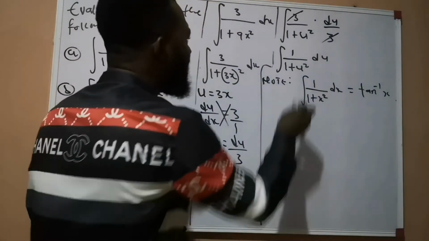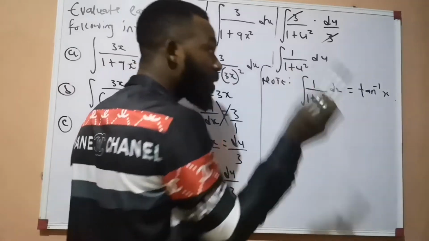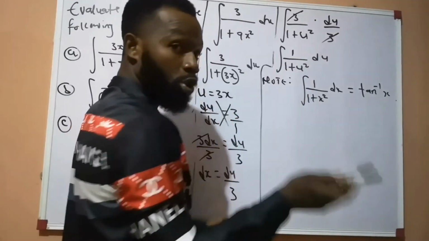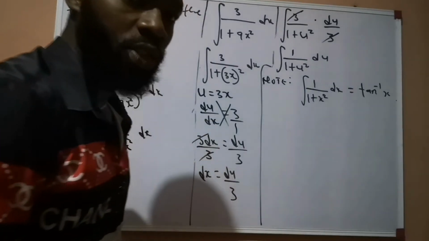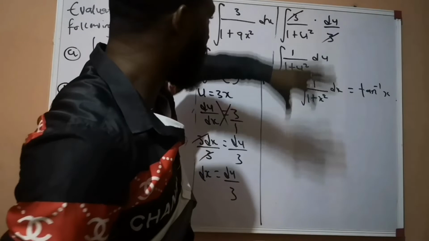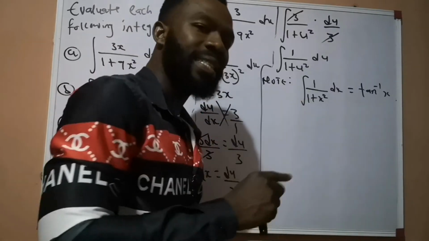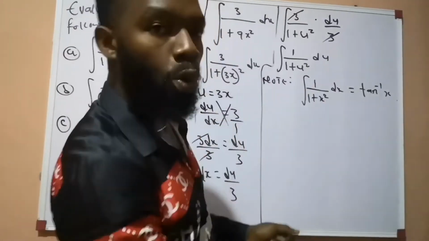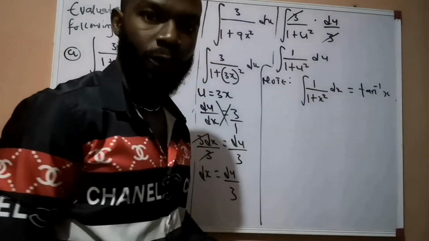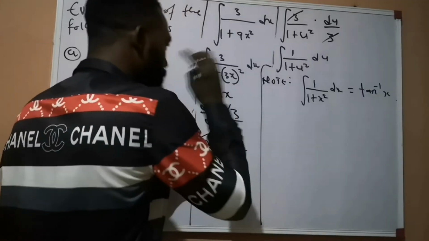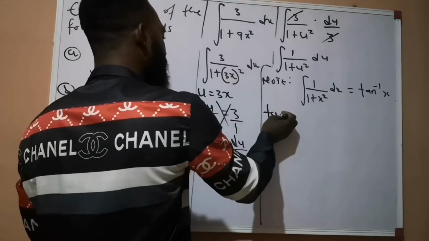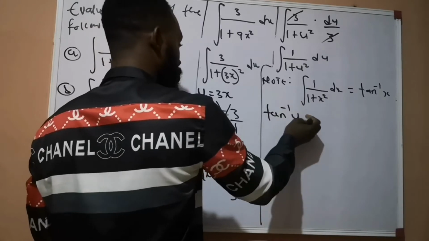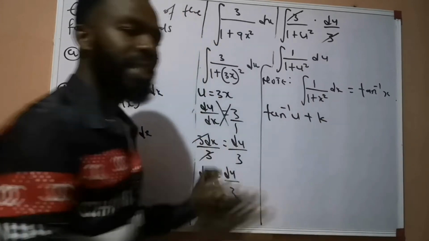It means in this question, what I have now is 1 over 1 plus u squared instead of 1 over 1 plus x squared. So if I integrate 1 over 1 plus u squared, what I will get is inverse of tan u instead of tan x, because we make use of u. So here becomes the inverse of tan u plus k. It's as simple as that.